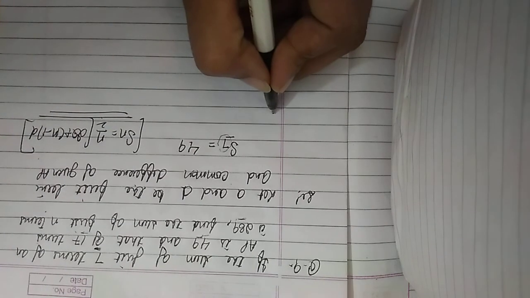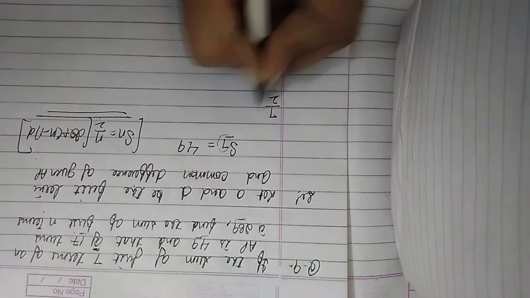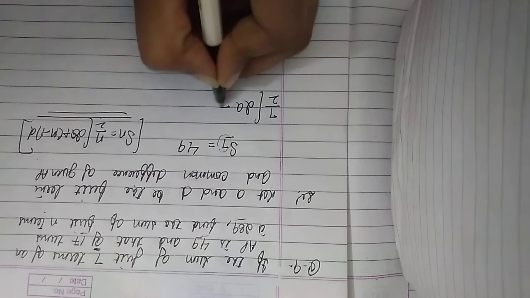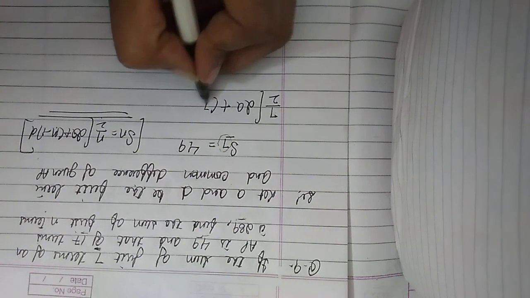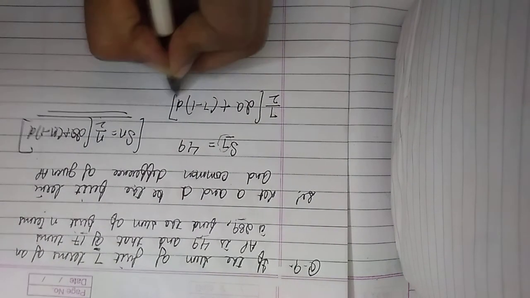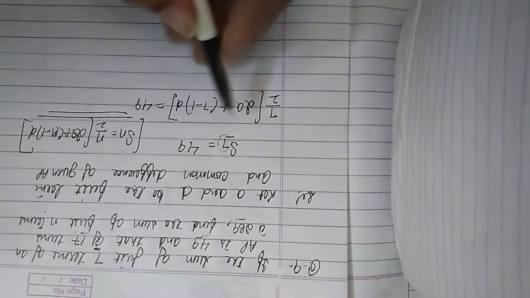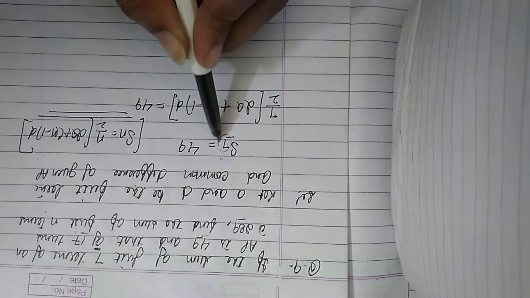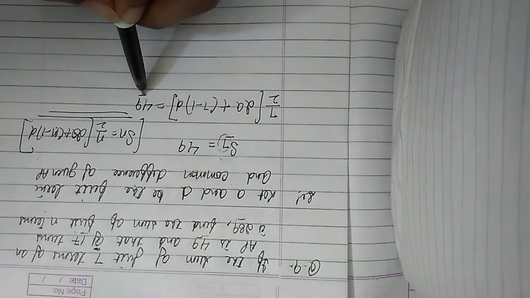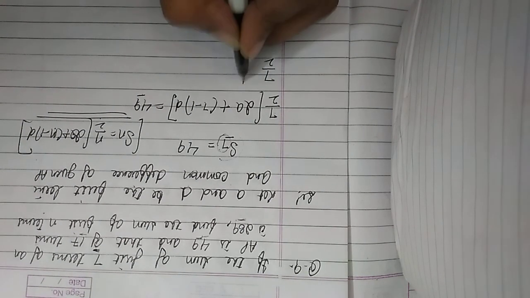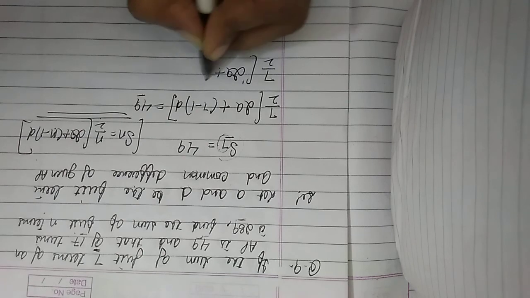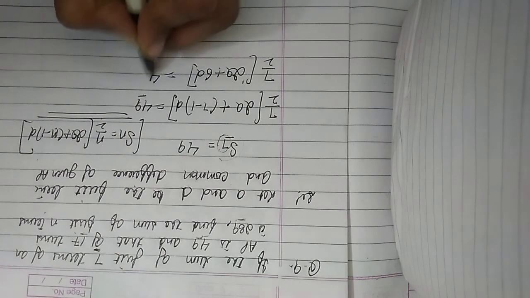So S7 can be written as 7 by 2 into 2a, first term, plus n minus 1, 7 minus 1, into d equal to 49, because the sum of first 7 terms is 49. Now 7 by 2 into 2a plus 6d equal to 49.